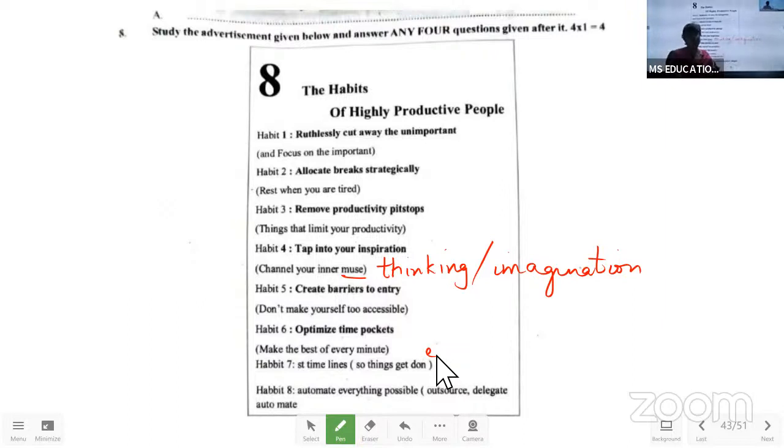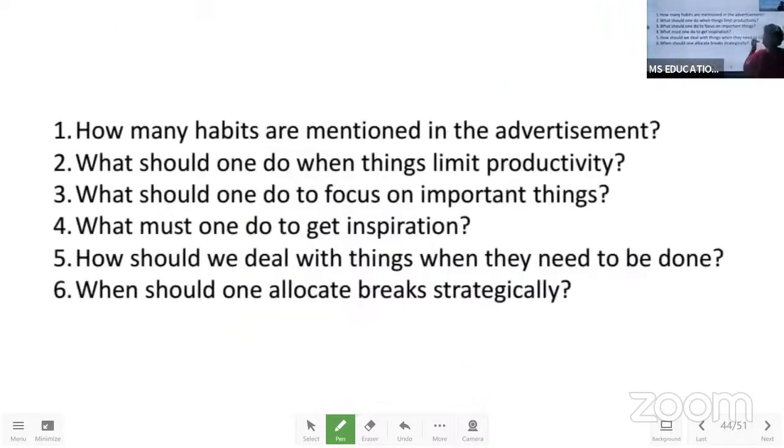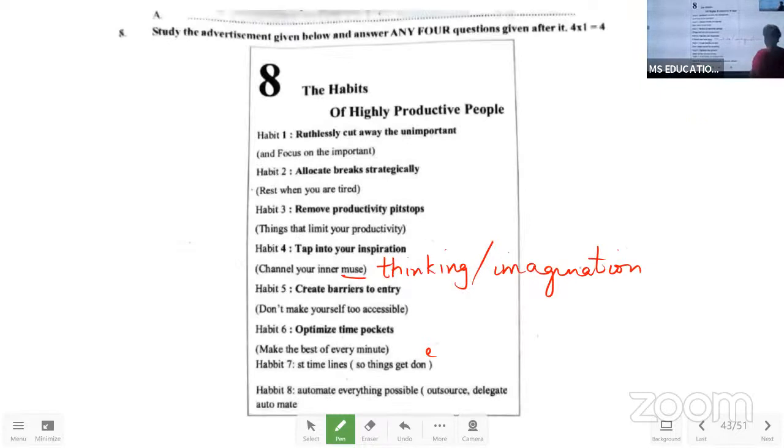Wherever you are getting your resources, the inspiration, the points of your sources, keep them in mind and see that you move in a proper way. How many habits are mentioned? Eight habits are there. Eight habits.